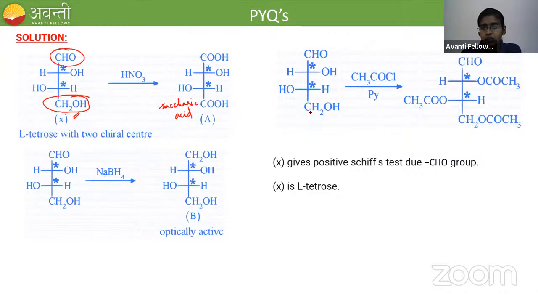And when the same compound undergoes acetylation, acetylation is reaction with acyl chloride, no? CH3COCl, it undergoes acetylation, and all the OH groups are replaced by acetate groups.